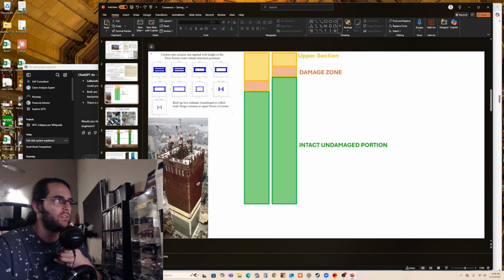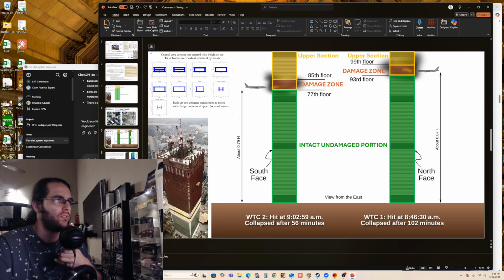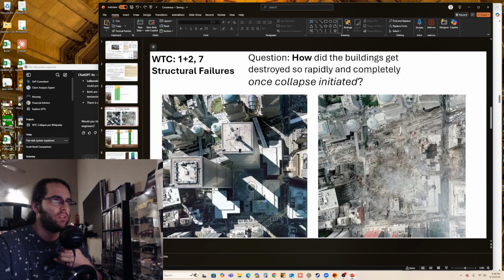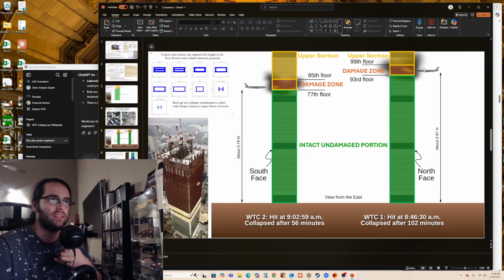So the question is, how did the buildings? The issue is how fast and how completely they were destroyed once collapse began. So we're granting that this was enough to initiate collapse.